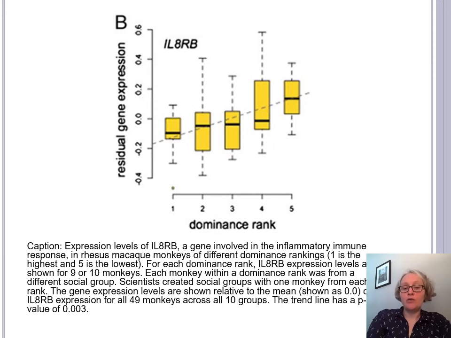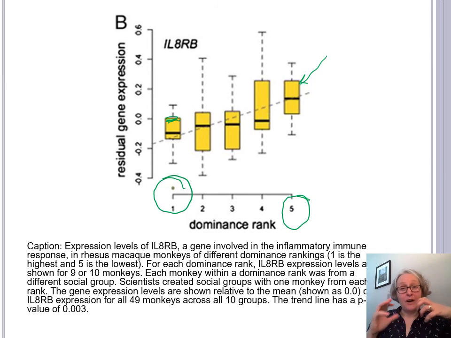So if they were the alpha male, if they really have this high position of social hierarchy, this gene expression is different than if you've got somebody who's at the bottom of the dominance hierarchy, and their DNA expression is changing. So this is all environmentally induced. The gene is there, but whether or not it is expressed is an impact of this hierarchy.